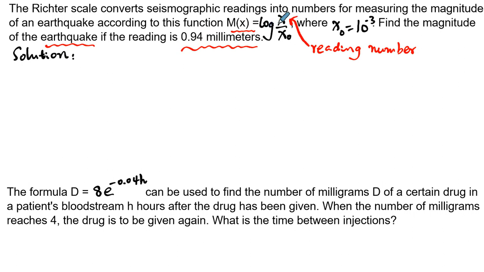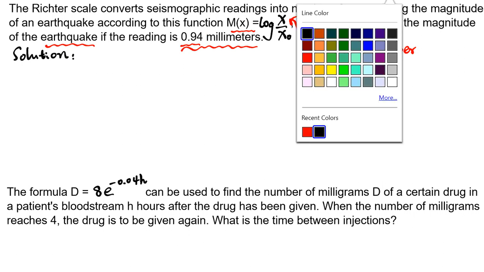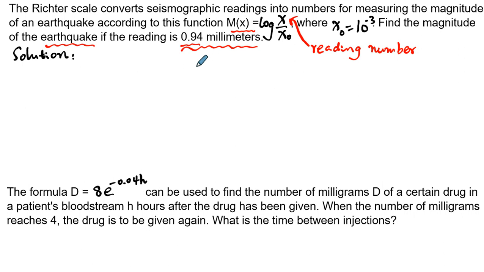We plug in, and we should be able to find out this magnitude. What is the magnitude when x is this much? The algorithm for your calculator to find this is M of 0.94. That's the one you want to find.